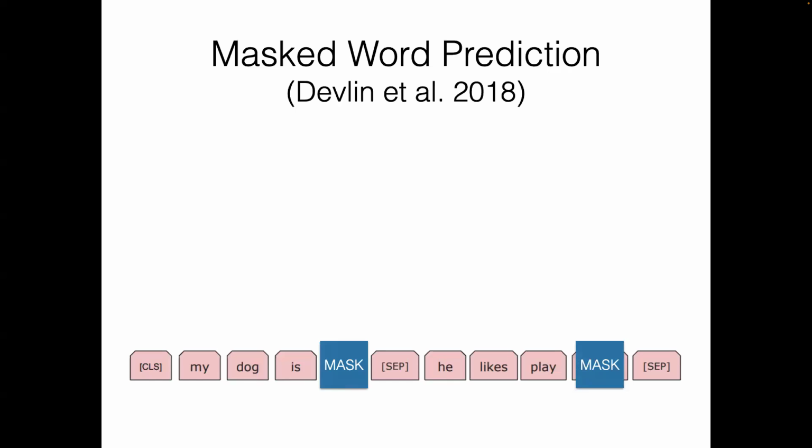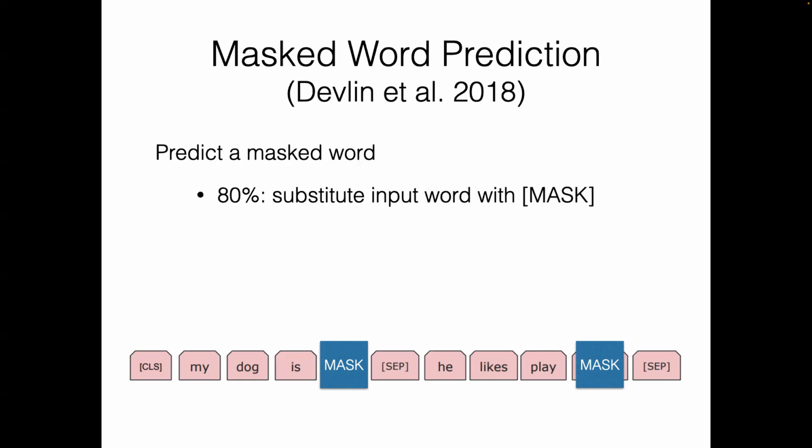So the basic idea of masked word prediction is like it sounds. You take some training sequence from your pre-training corpus, and then you randomly mask out some tokens in the sequence.